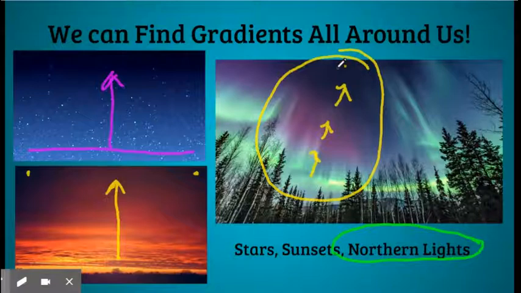So this gradient is a little bit more complicated because you have more colors in it. So this gradient, we would say, moves from green to purple to pink to dark blue.